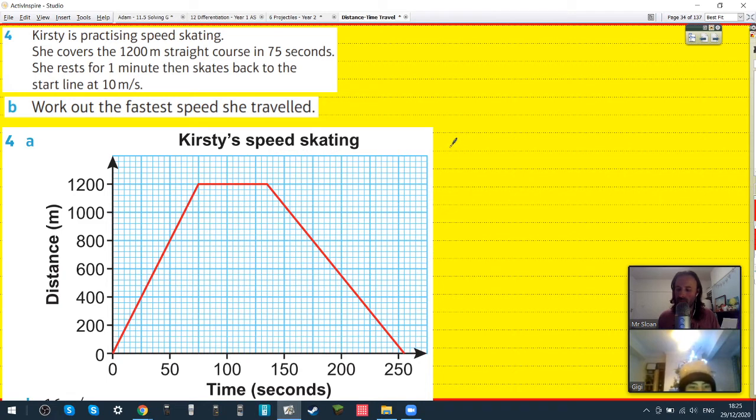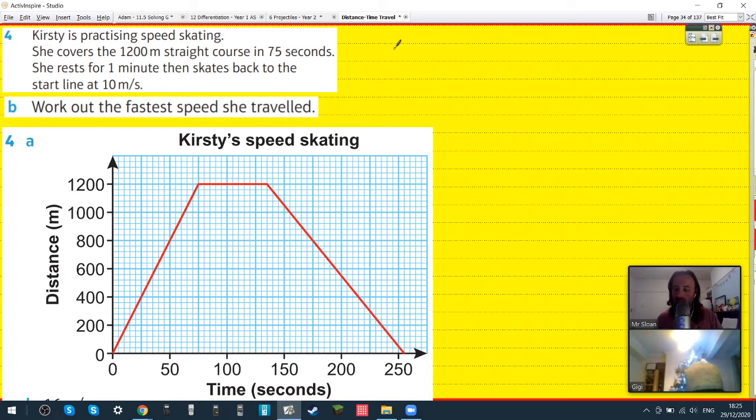Fastest speed was. How would you write that? What do you mean? Well, the fastest speed was from 0 to 75. Yep. And so what speed was she going? Not sure.